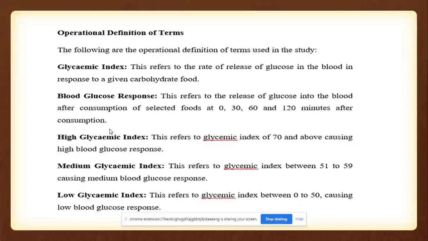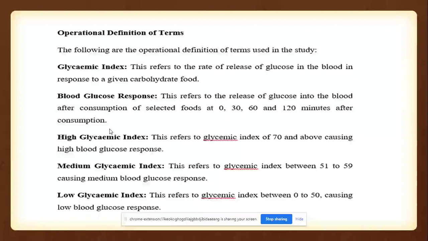So we are going to stop today. We have mentioned all that are supposed to be in chapter one of your proposal. I started with the background to the study. After the background to the study, the next subheading is the statement of the problem. After that, you move to the purpose of the study.